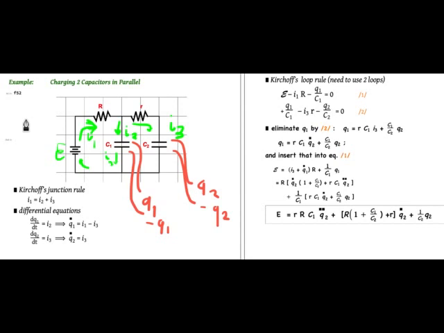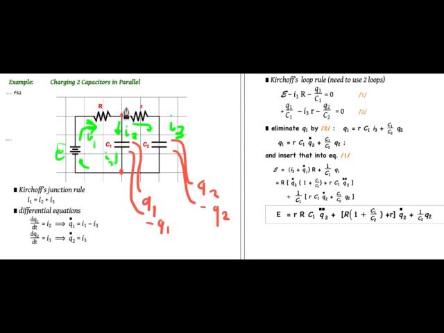All right. Now we start writing down equations using Kirchhoff's rules. So Kirchhoff's junction rule applies at this point where there's a junction, and at this point where there's again a junction. But we don't really have to have two equations.